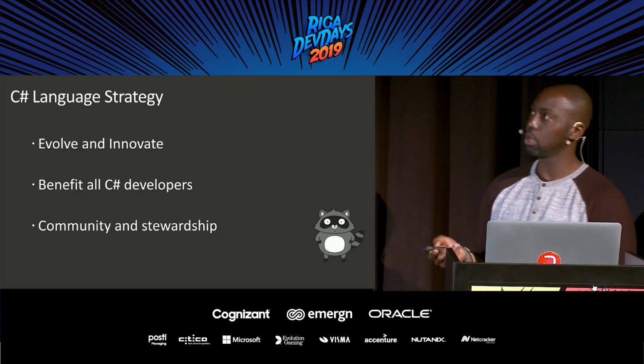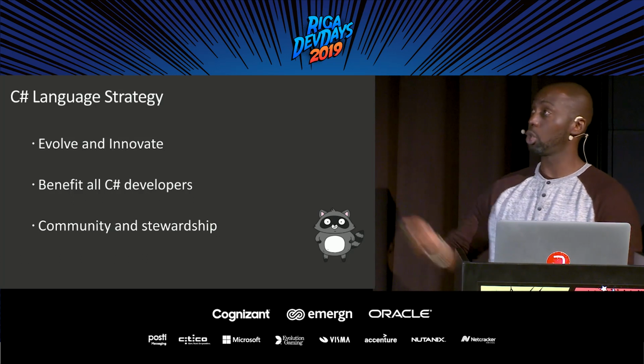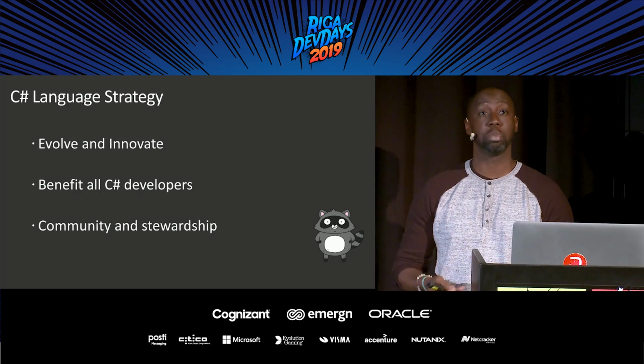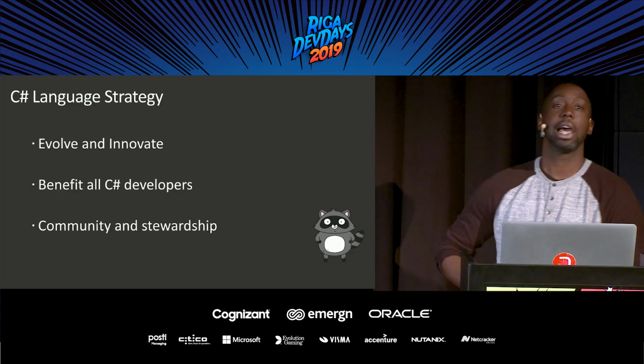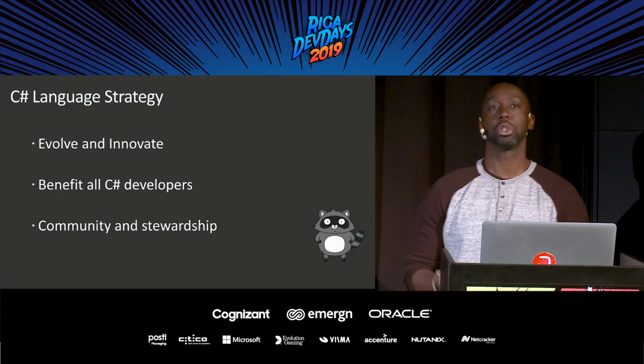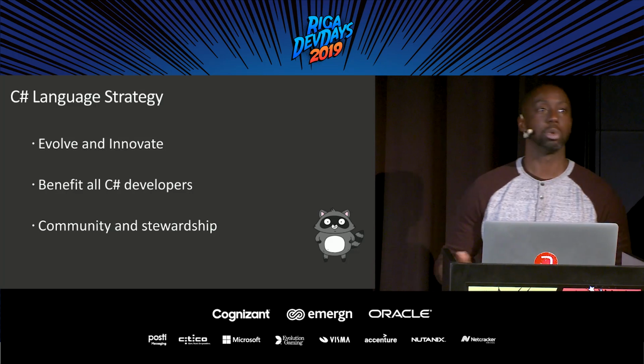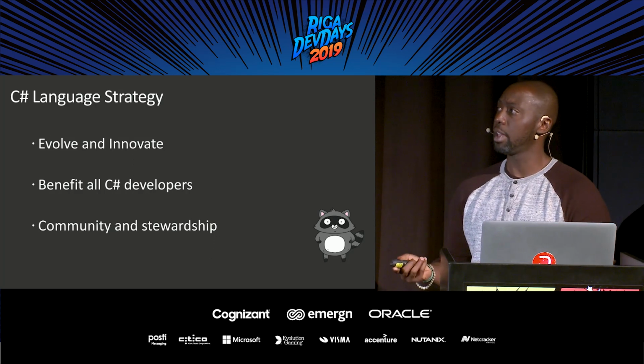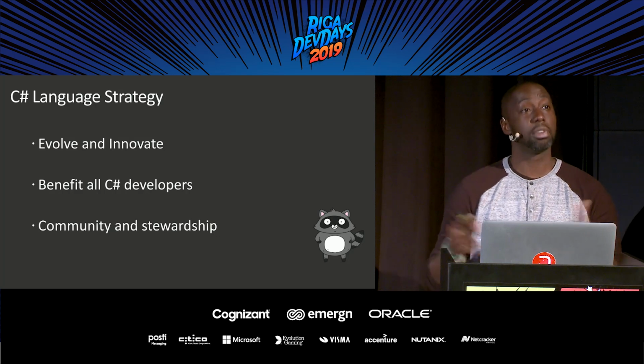When I spoke to Mads, one of the things, well, three of the things that he told me was the way that they look at designing the languages, they don't ever want the language to become stale. They don't want the language to fall behind in features or become something that you look at as an afterthought. And they also want to look at the language as something that they can evolve for all developers.